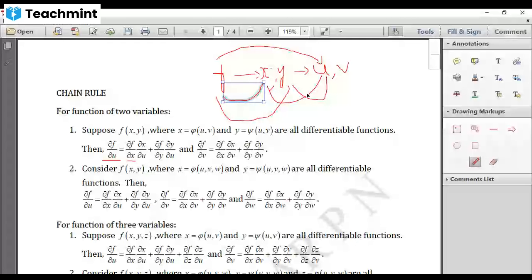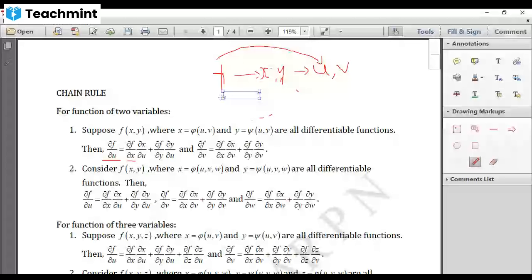So what is the partial derivative of f with respect to u? It's very simple. What do you have to do?